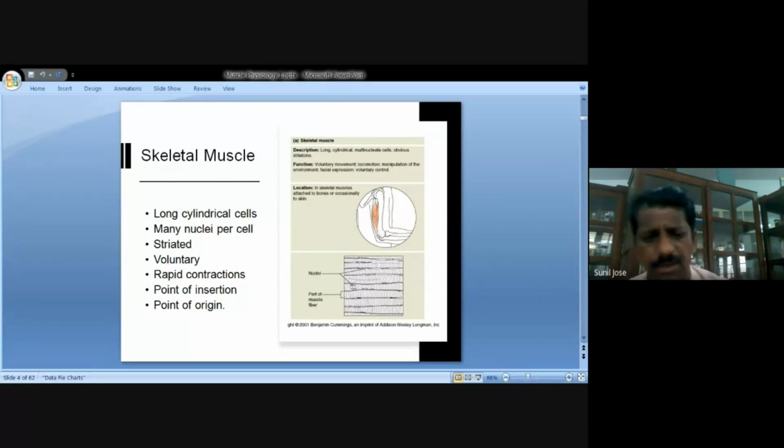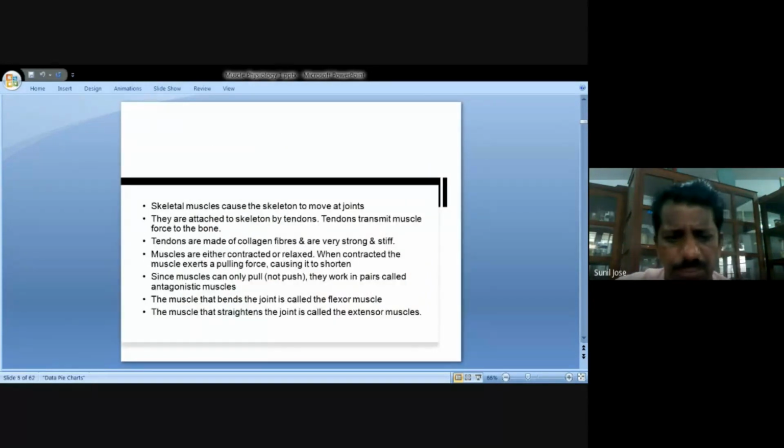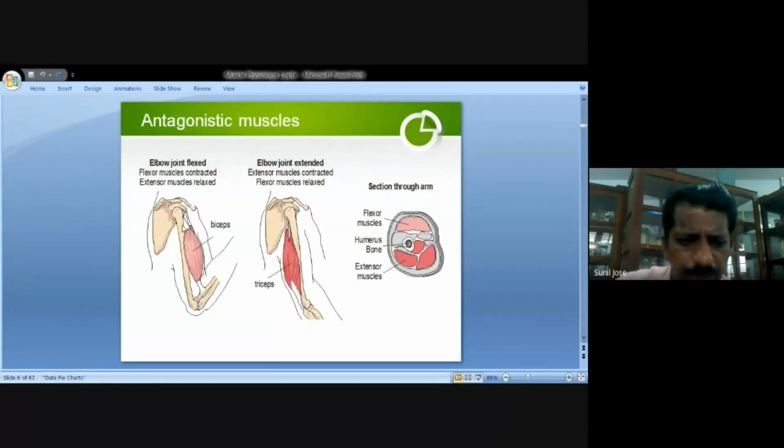Now another thing about the skeletal muscle is the point of origin and point of insertion. If we look at this picture, this is the point of origin and this is the point of insertion.